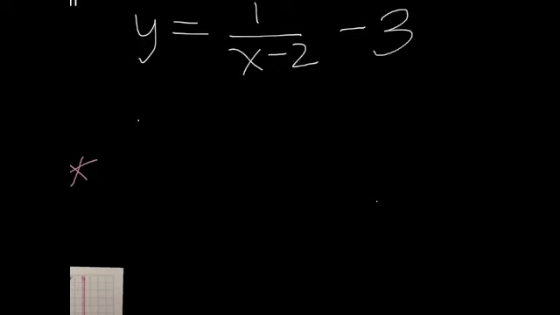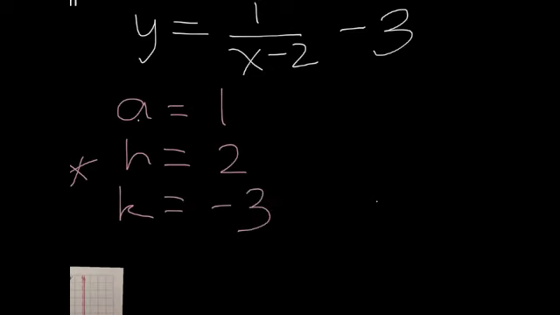So you have a equals 1. So the stretch and shrink, nothing will happen in those terms. It'll be the same. Your h is 2, and your k is negative 3. The hardest part about translating is sometimes dealing with the h part. You see that it's a negative 2 right here.